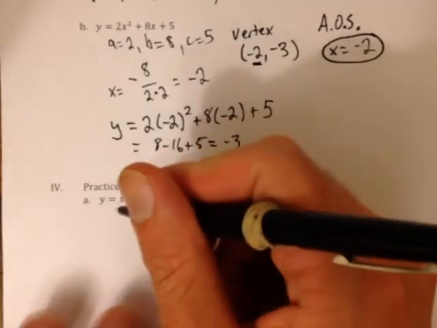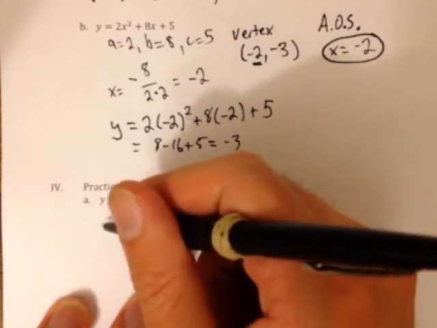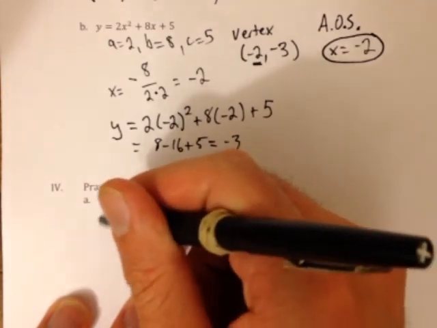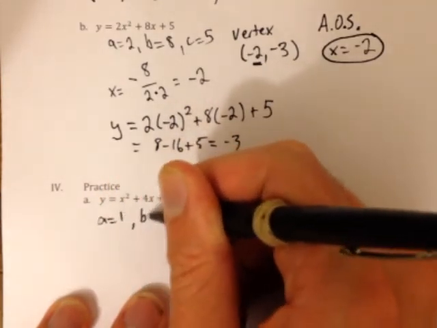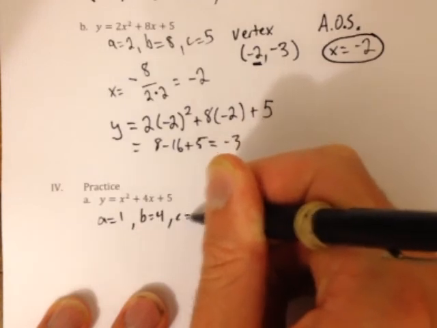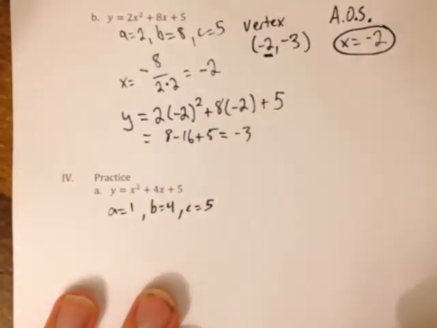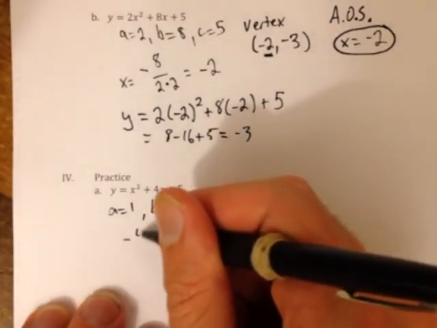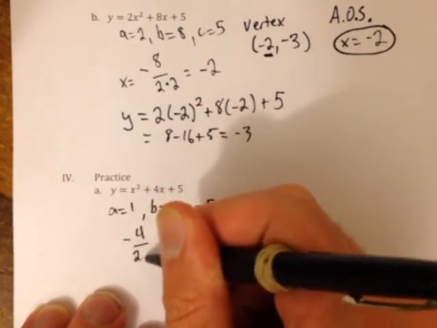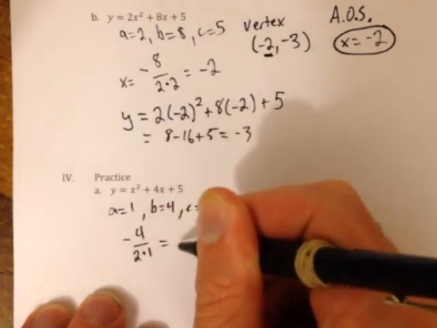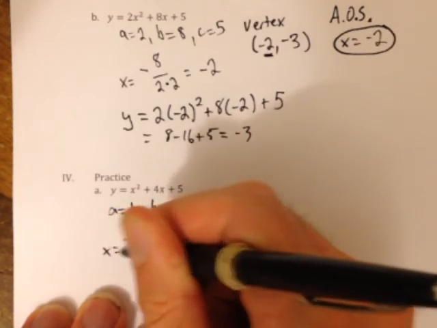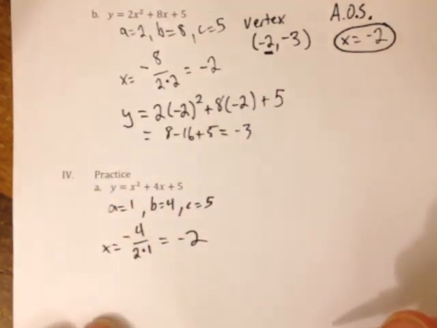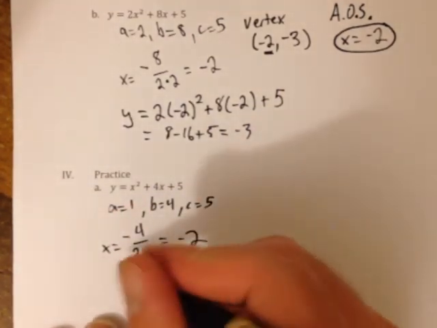Okay, I'm assuming you have done that by now. So again, my a is 1, b is 4, c is 5. Find negative b over 2a. That's negative 2. That's the x value of my vertex. It's also my axis of symmetry.